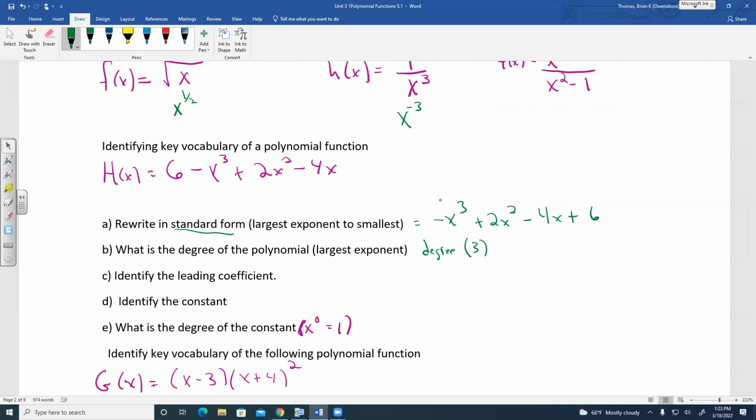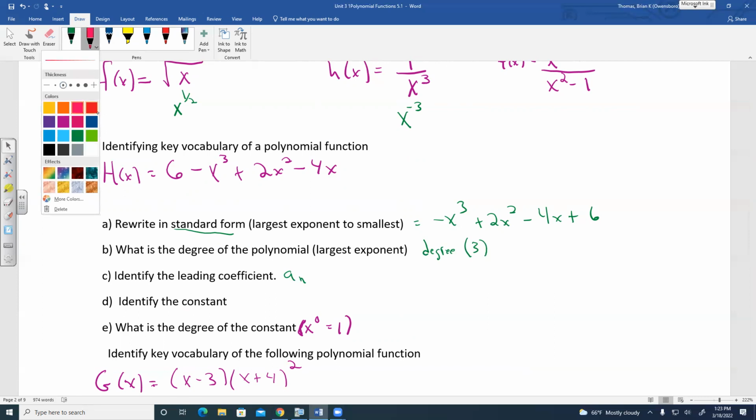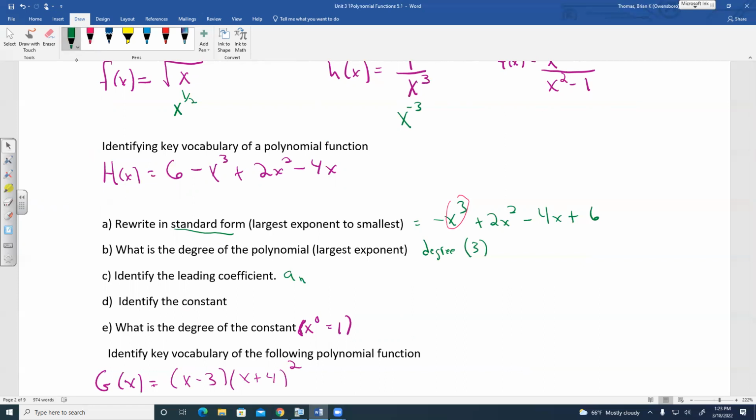If I want to identify the leading coefficient, this a sub n, that is going to be the number in front of the variable. So remember, x to the third is the variable part. The number in front is actually, there's a negative there, but it's understood to be a negative 1. So the leading coefficient is actually going to be a negative 1.